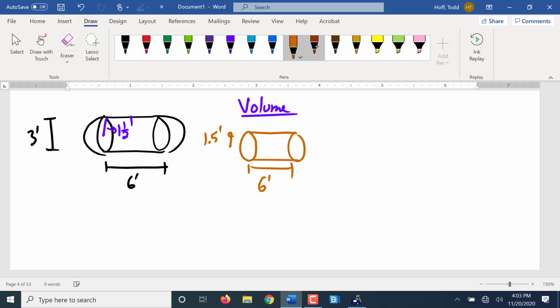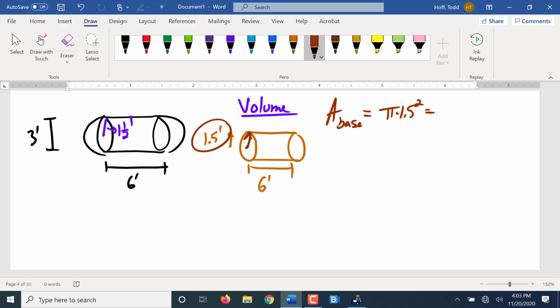So what do we do here? How do we find the area of the base? Perfect.